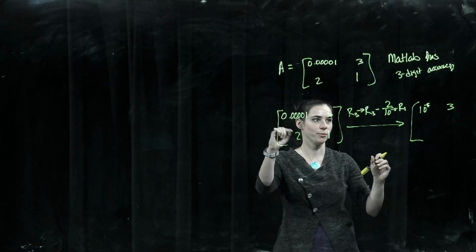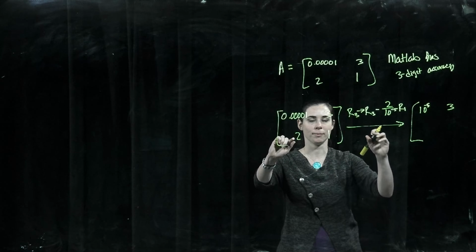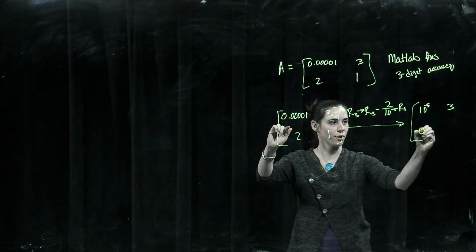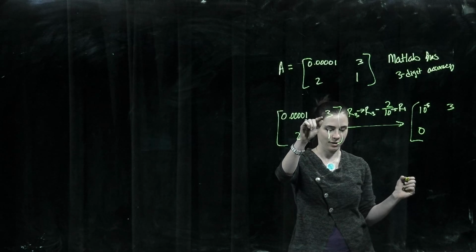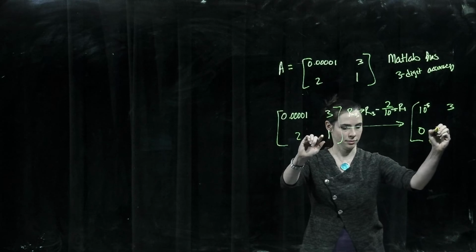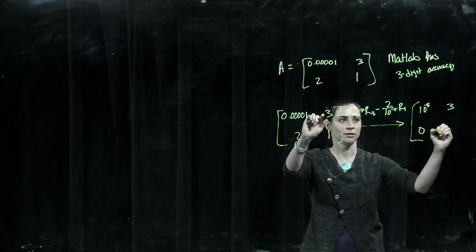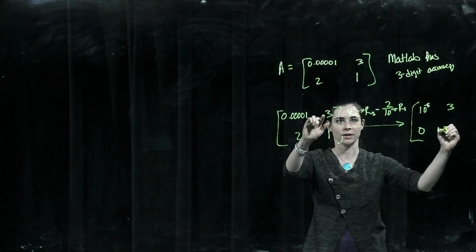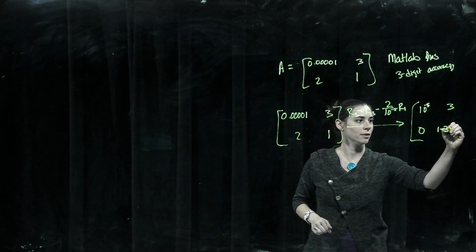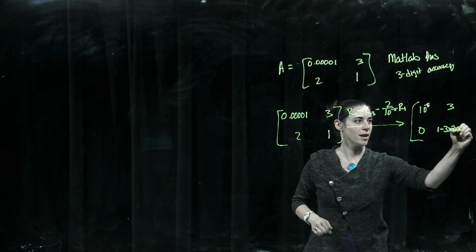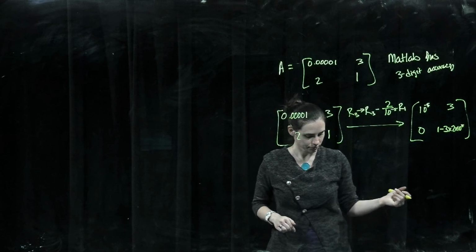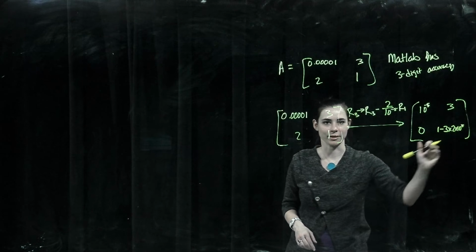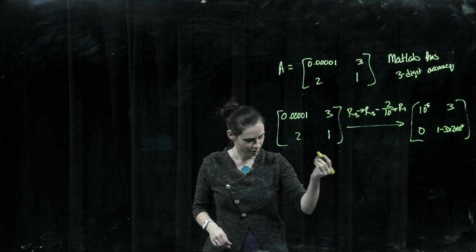We've designed it so that when you take 2 minus 2 times this first row, that is 0. And when we take 1 minus row 1, so 3 times our factor, which is 2 times 10 to the 5th, this ends up being a rather large number.